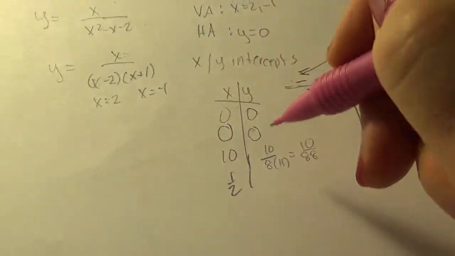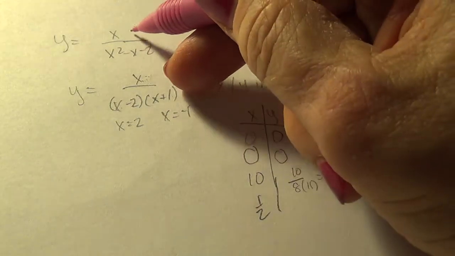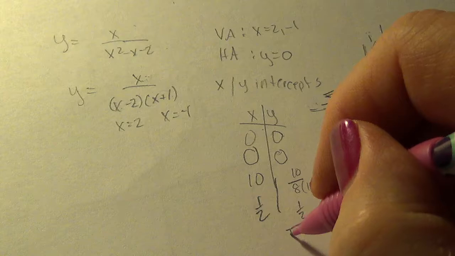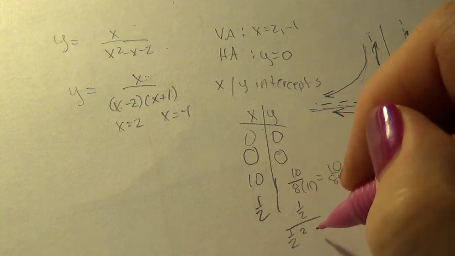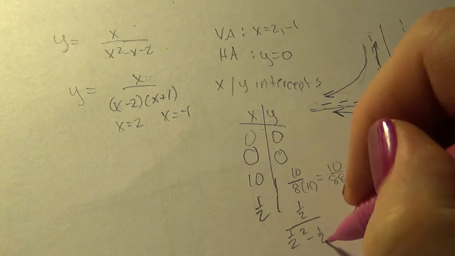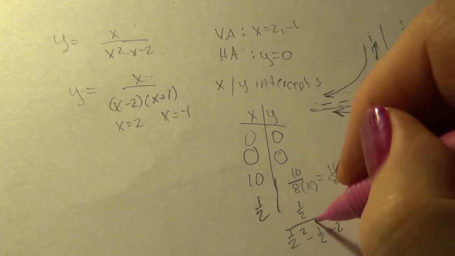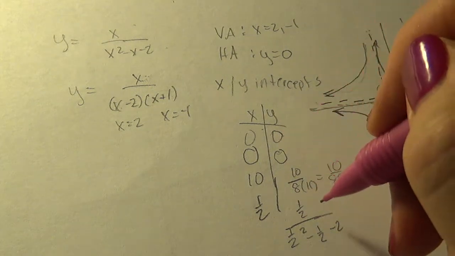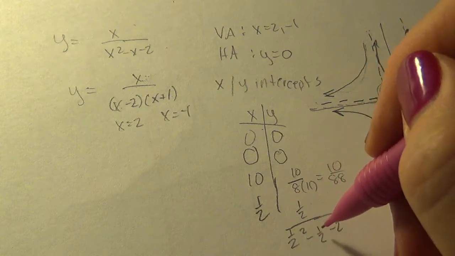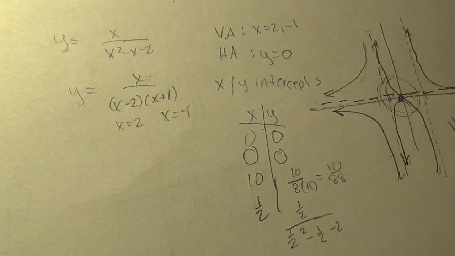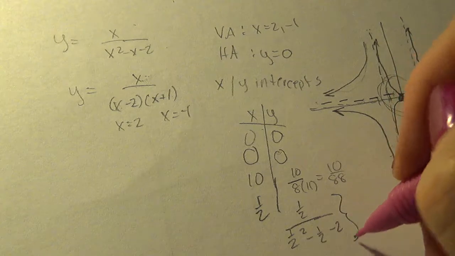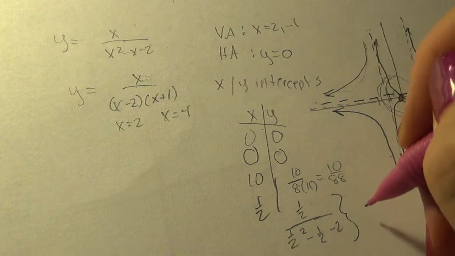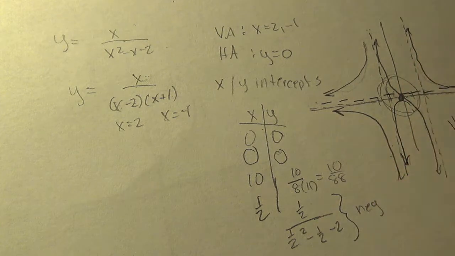Let's put in 1/2 into this example, and we get 1/2 divided by 1/2 squared minus 1/2 minus 2. So let us see what that gives us. 1/2 over 1/4 minus 1/2 minus 2. So is that a positive value or a negative value? That is a negative value. I don't really need to know.